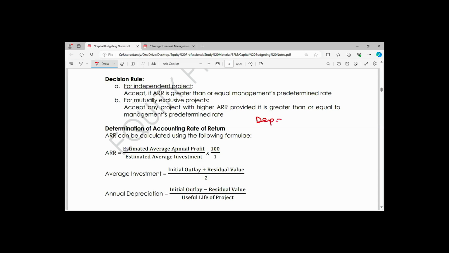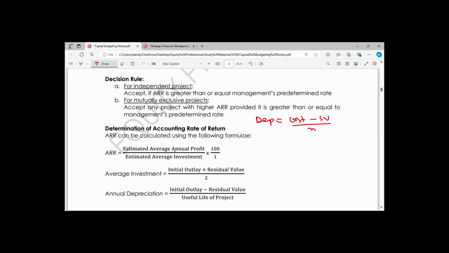Depreciation, as you know, is the cost of the projects minus the scrap value, if any, divided by the useful life of the projects. That will give you the annual depreciation.